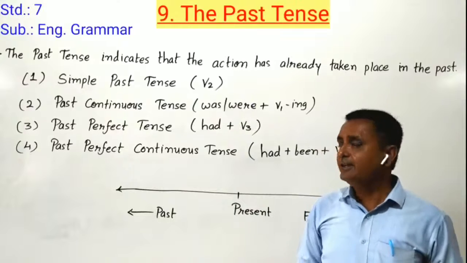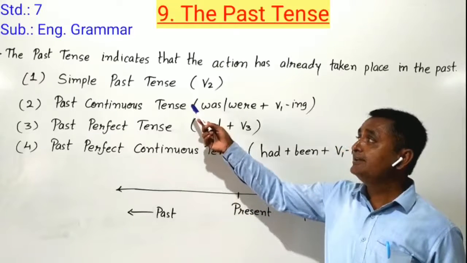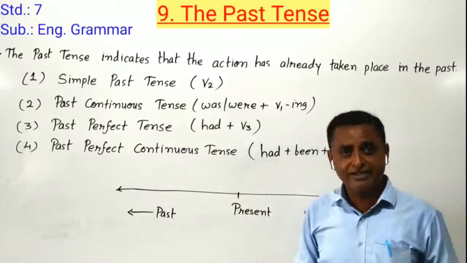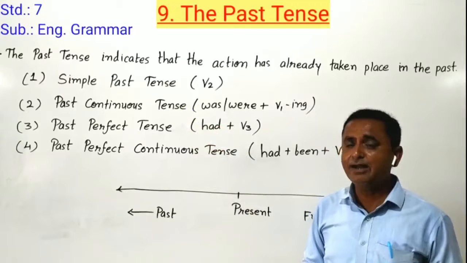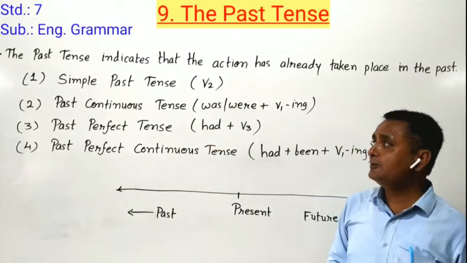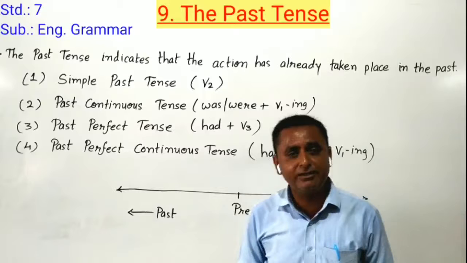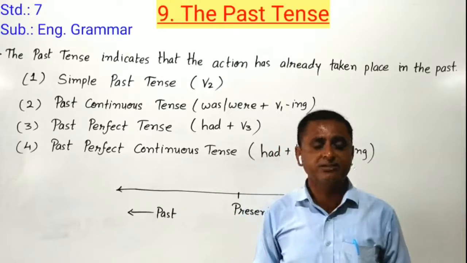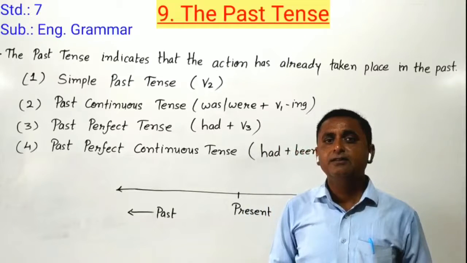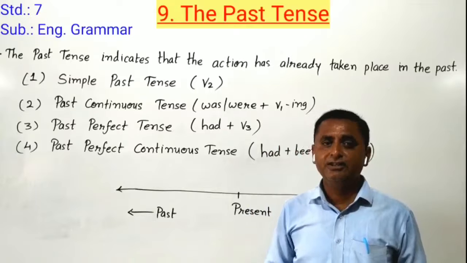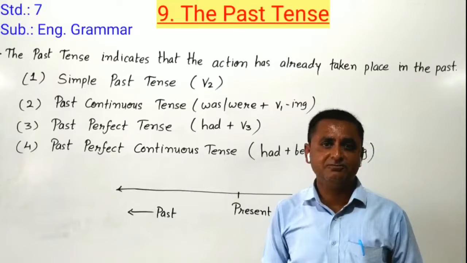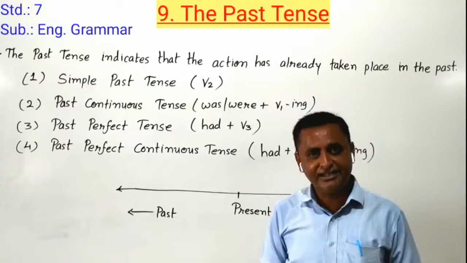So students, let's start. One by one we have to study. First of all, simple past tense we have to understand. Where we have to use simple past tense, how it is used, what is the structure of simple past tense, we have to study in our next screen.